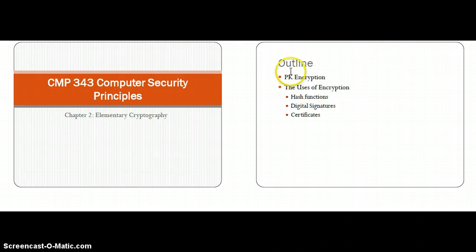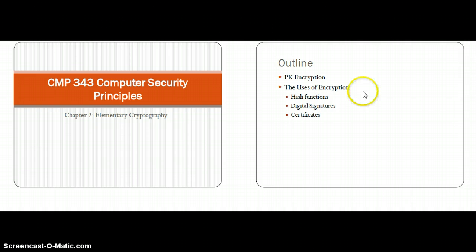We will see that the public key algorithm uses two keys, one public key and one private key. We will see how each key is used, which one is used for encryption and which one for decryption. Let's go step by step.